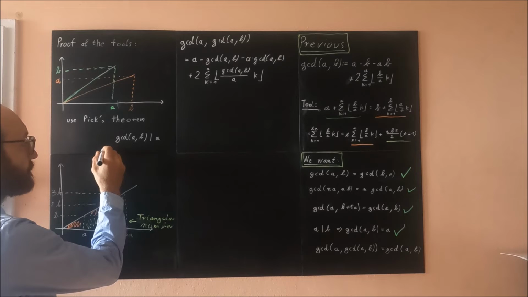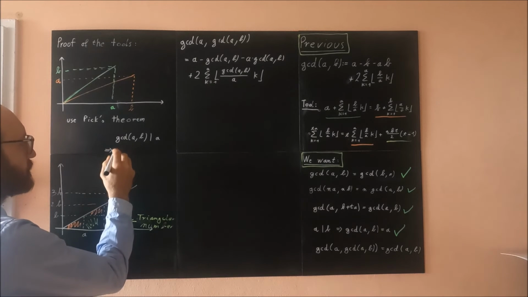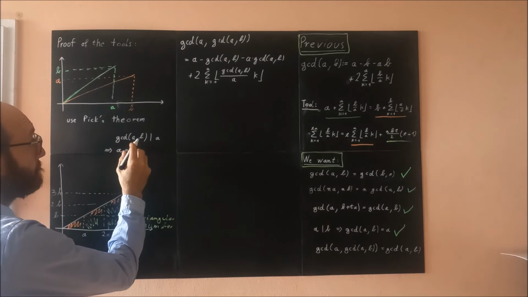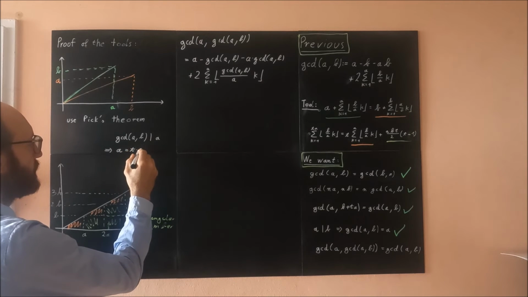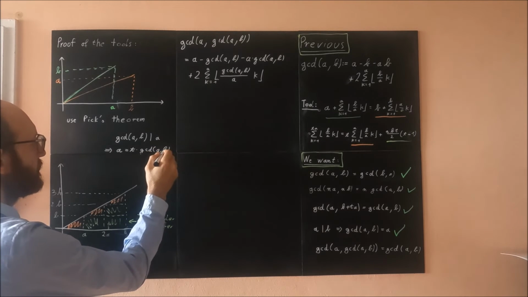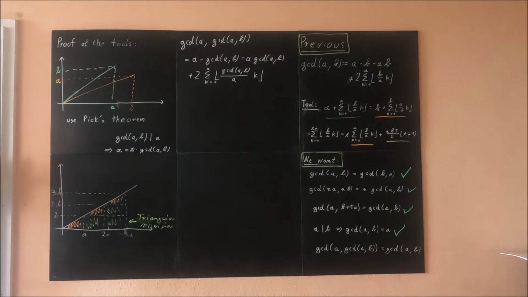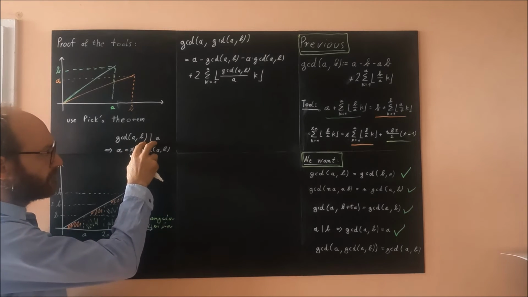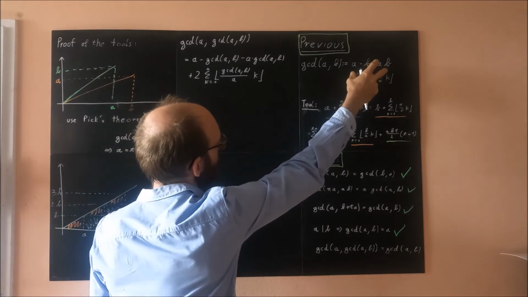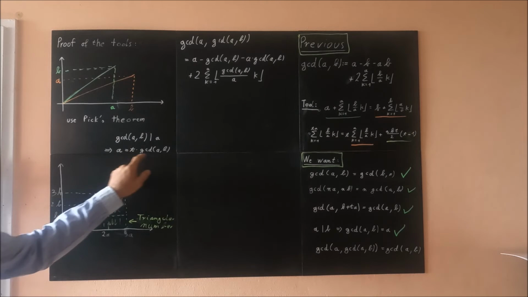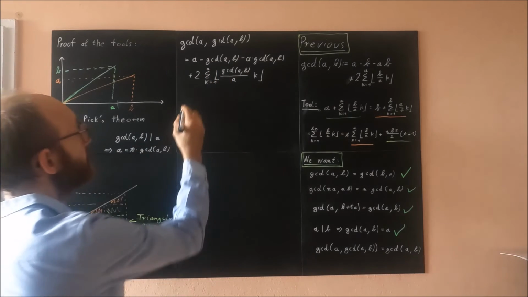This means, by definition, we can write a as t times the GCD of a, b. Alright, so you can try to prove this one using the definition. Alright, so we plug in a as t times GCD here.